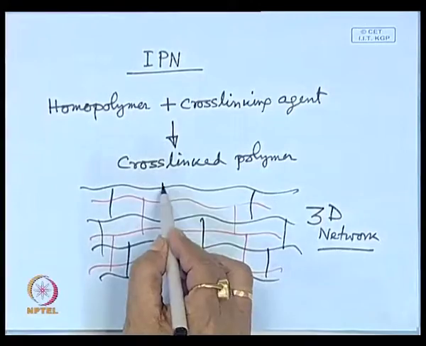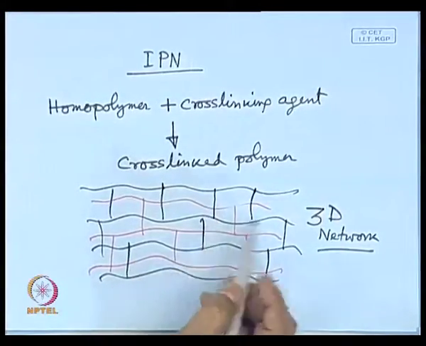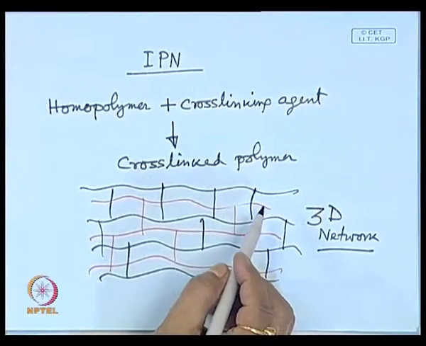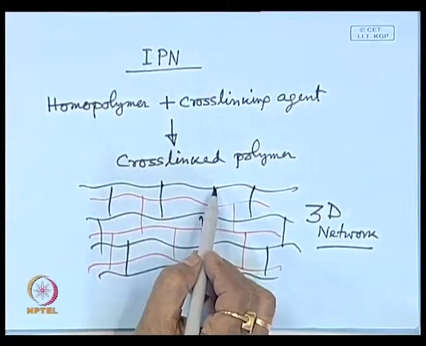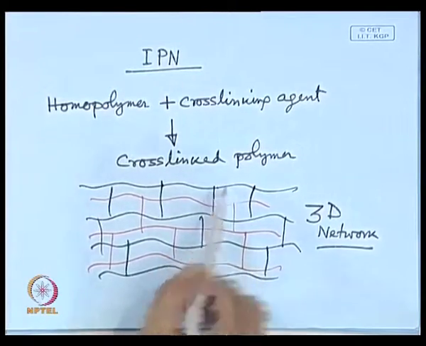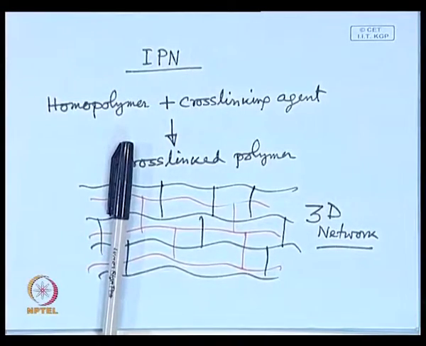That means the length of the segment between two cross links, this segment of the polymer molecule between these two cross links, is the length. Now, if one more bond is introduced, the length of this segment decreases, meaning cross link density is increased. So this way we can regulate the swelling properties or the network characteristics of that polymer depending on the cross link density, all right.